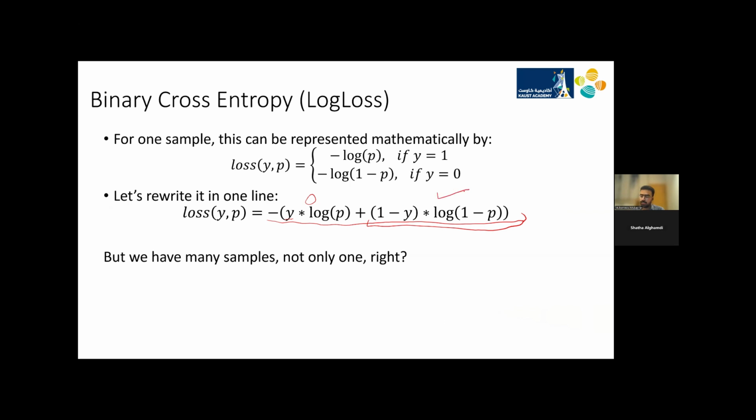When the true label is 1, this term will zero out and only this term will remain. Is this confusing or is this clear? Any questions so far?